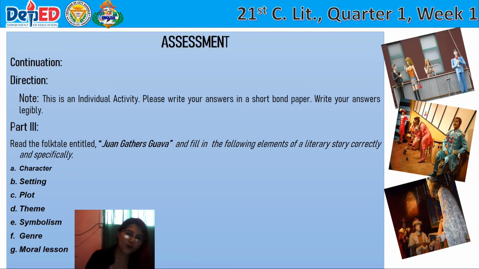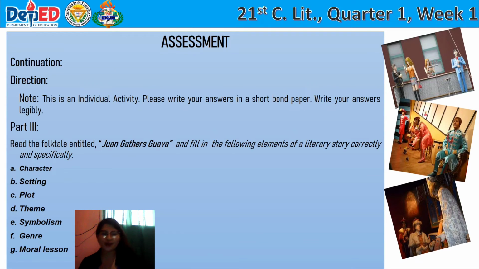Okay, so you need to determine who the characters in the story are, the setting where the story actually takes place, and the plot, maybe just a short summary will do. What is the theme of the story, or the universal or main idea of the story? The symbolism being used in the story.